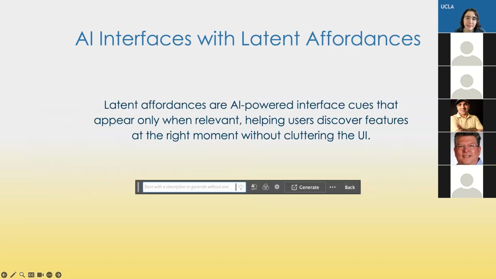Now, affordances are the visual or interactive cues in a user interface that suggest what actions a user can take. They help users understand what's possible and how to interact with the system. In the physical world, you can think of a door being either flat or having a handle to tell us whether to push or pull. Traditional UI design relies on visible buttons and tooltips.